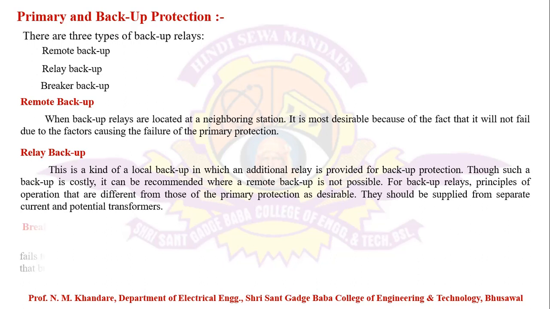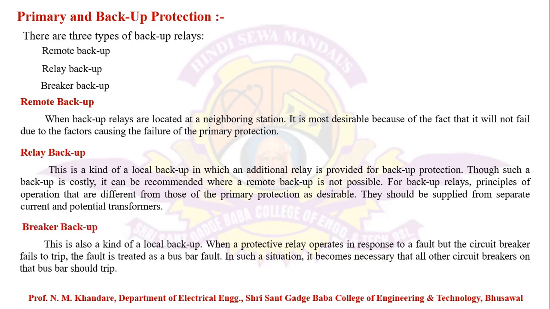Third is the breaker backup. It is again one kind of local backup system. Here we are providing additional equipment for the circuit breaker backup, and if the protective relay operates for the fault and the circuit breaker fails to trip, in that case that fault is treated as a busbar fault.